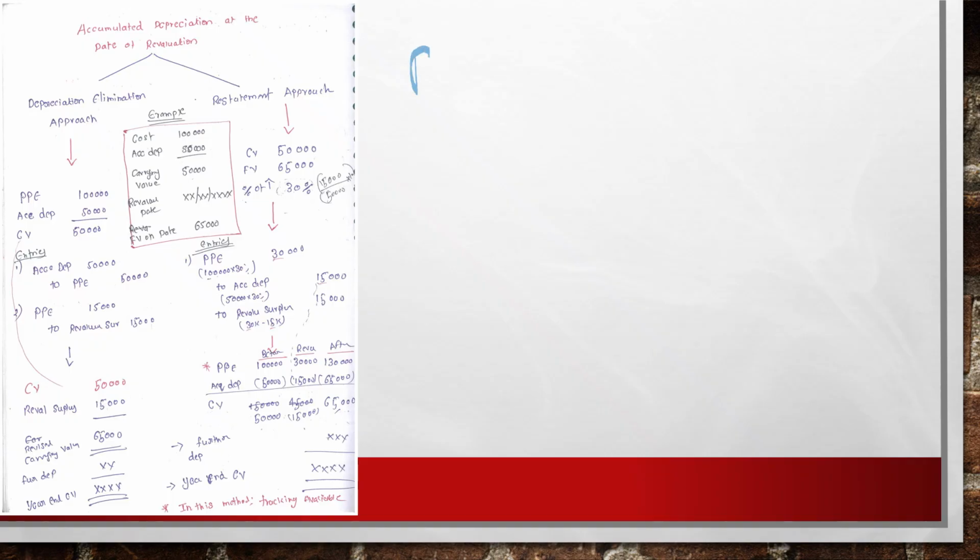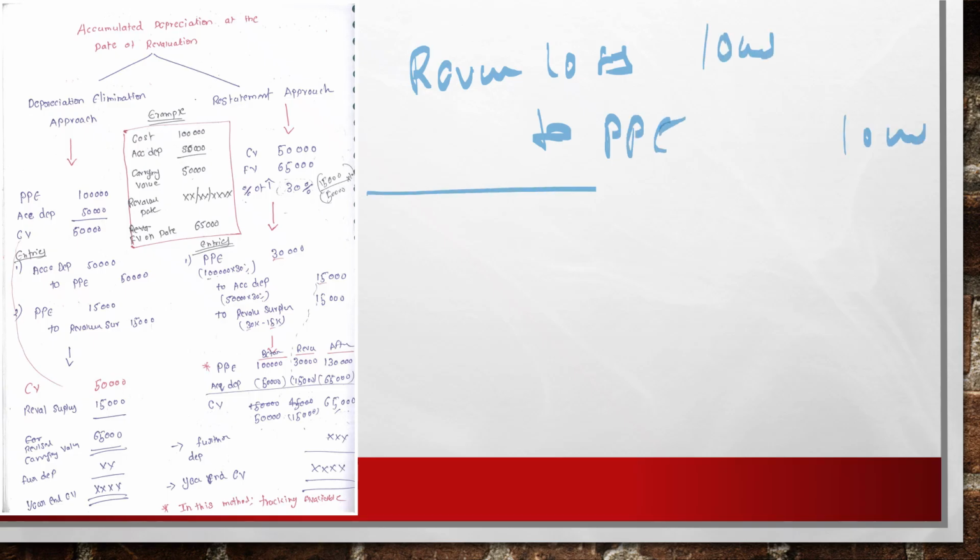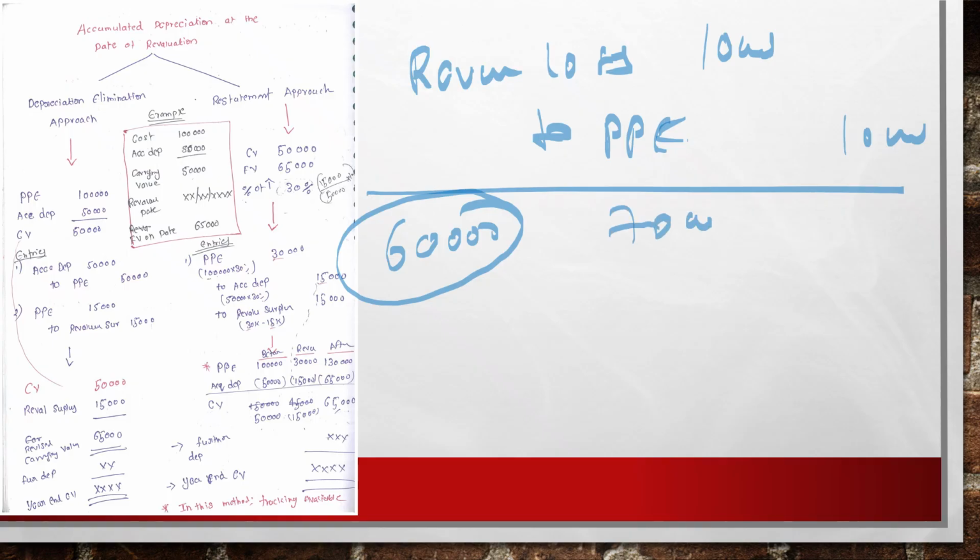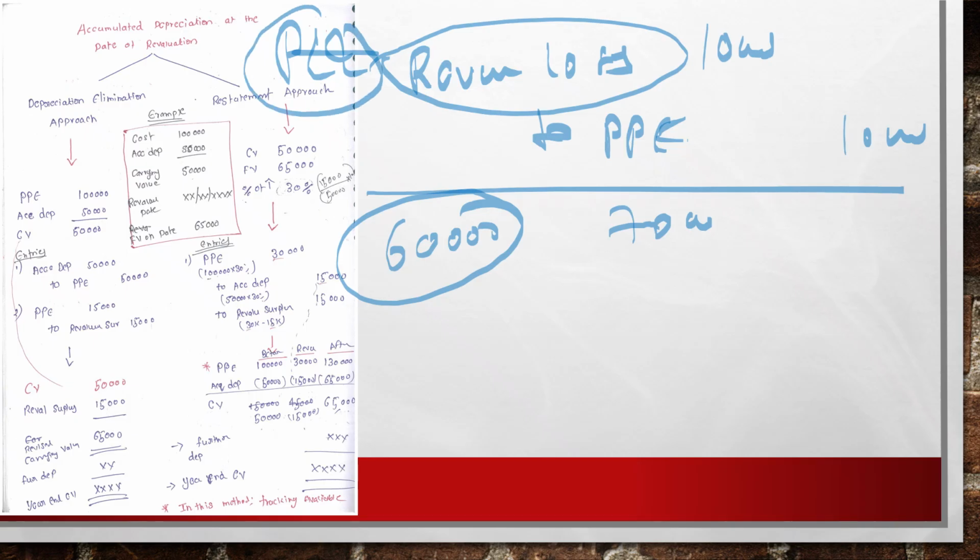That is the revaluation loss to PPE of 10,000. So in this situation, your PPE value is 60,000 only instead of 70,000. So you transfer this amount to the P&L account. Earlier I said you transfer this to revaluation surplus. Now I am saying P&L account because there is a loss.